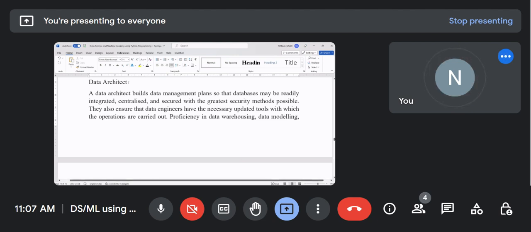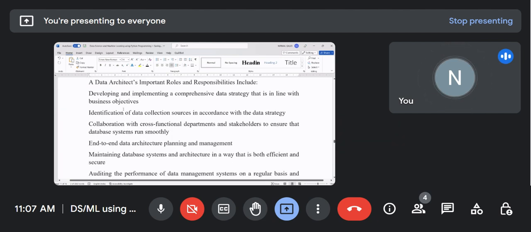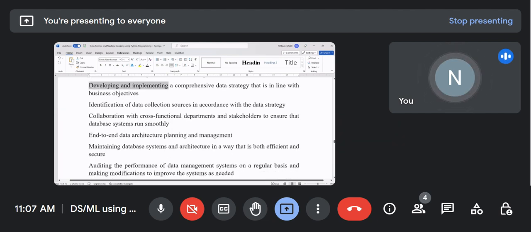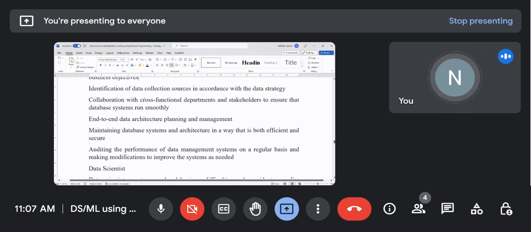This is the task of the data architect: how data needs to be stored and retrieved, what the architecture is. Its roles are developing and implementing the data strategy, identification and collection of the data, collaboration, and end-to-end data architecture from storage till the application. What are the layers? How many layers are used? This is the task of a data architect.